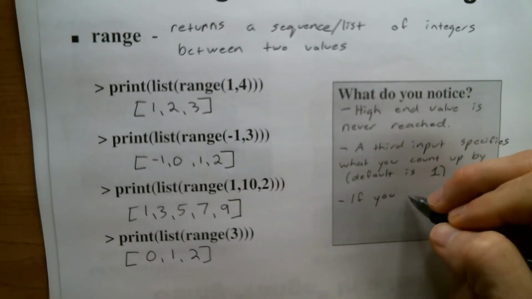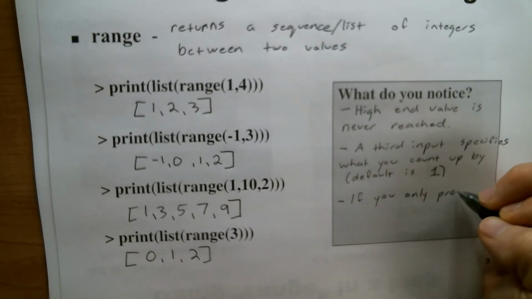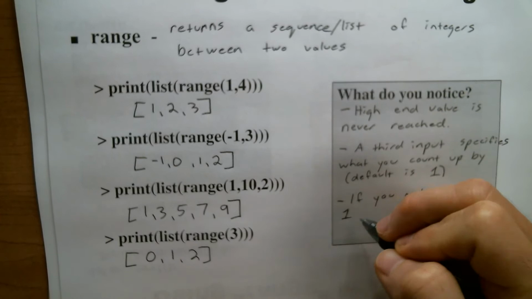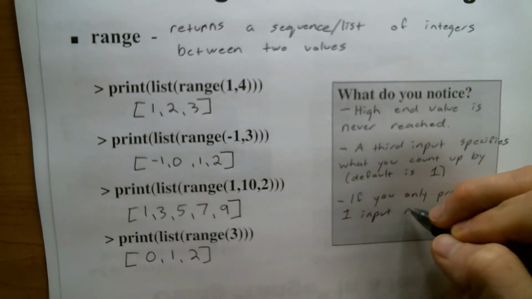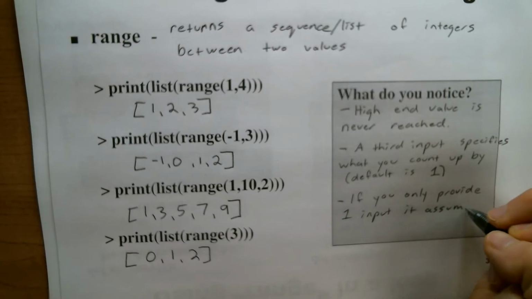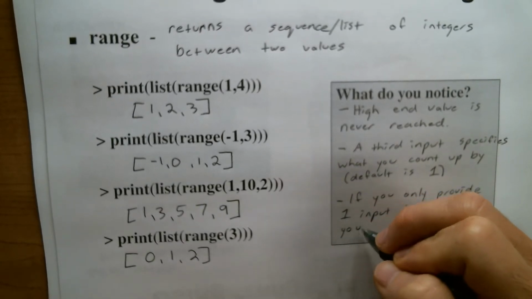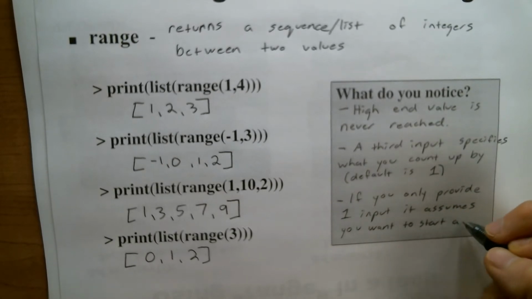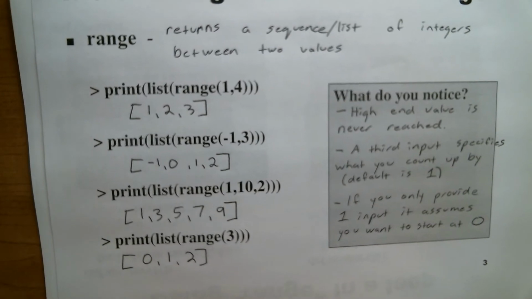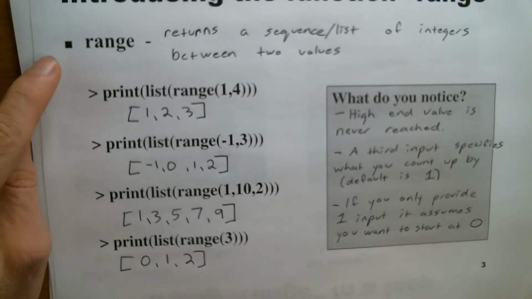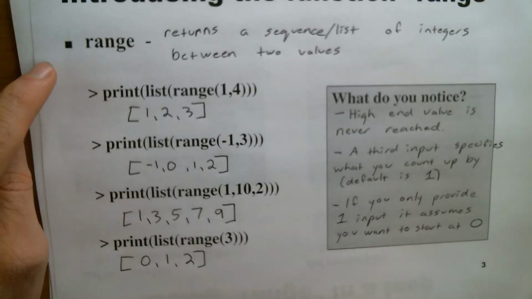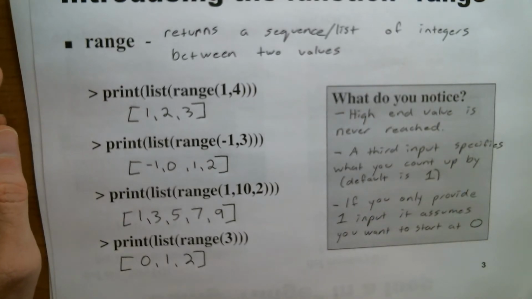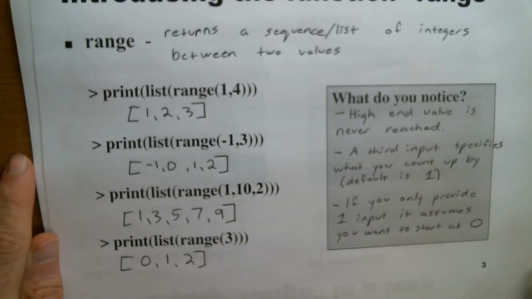If you only provide one input, it assumes you want to start at 0. This range function is going to be really important when we start to set up our nested for loops. You're going to see in a little bit why it's important, but it's going to be helpful for us to set up these nested loops and target specific sections of the picture.